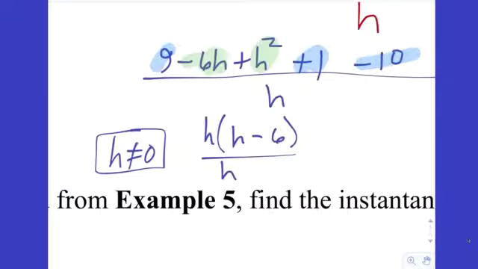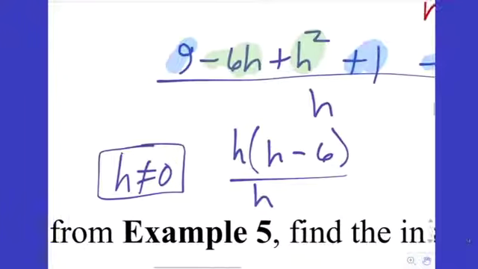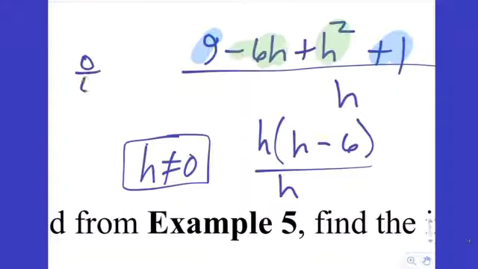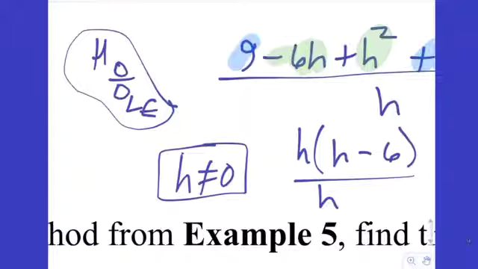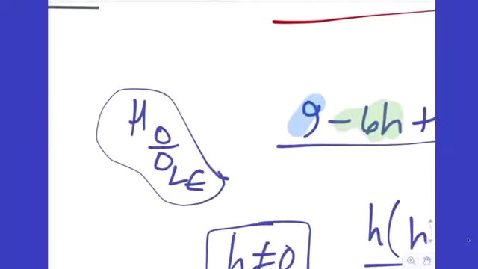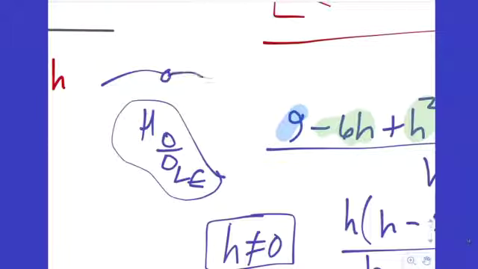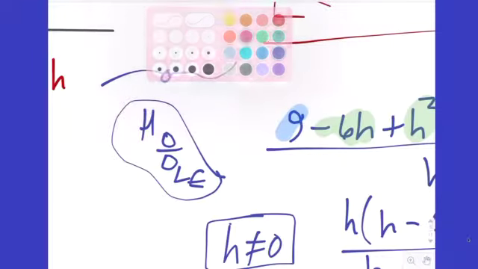But what do we know from our experience with getting zeros in denominators? If we get a 0 in the denominator but not the numerator, it's a vertical asymptote. It's undefined. But what happens if we get a 0 in the top and the bottom? What exists there? There's a hole, right? And if you remember from our studies of the limit, when there's a hole, the function value doesn't exist, but the limit does, right?